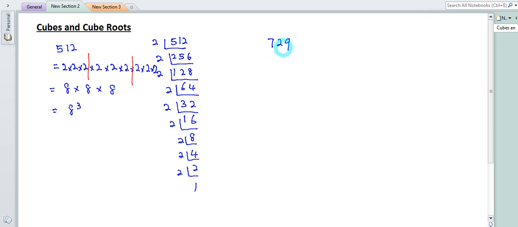Now let's try 729. How to determine whether this is a perfect cube or not? Same method, divide by the smallest prime number. 729 cannot be divided by 2 because this is not an even number, right? But I know this can be divided by 3. We just divide by 3 here.